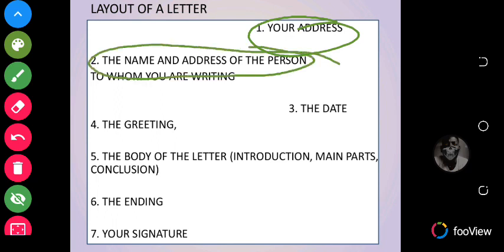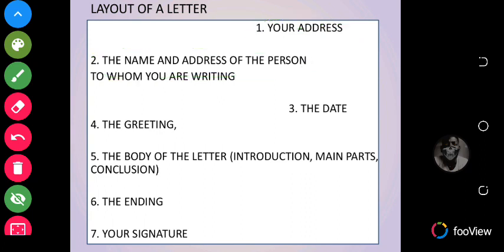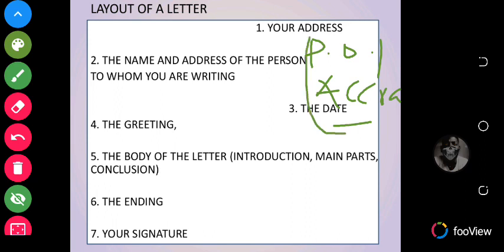For the sender's address, you can have something like PO Box 10577, etc. You can have Accra North as the location of the box, and you can have your date under your address.